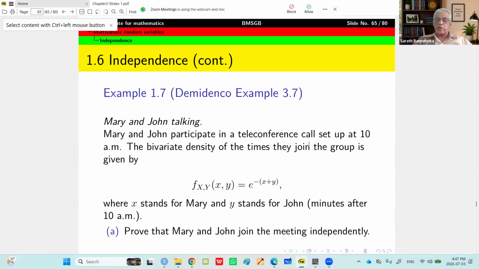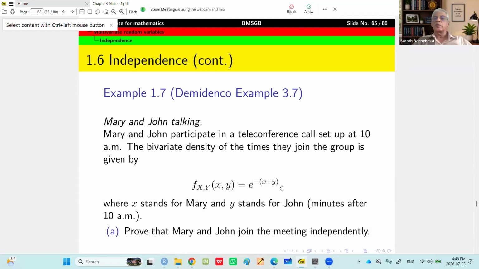Now, let us look at an example. This is again from the book. This is example 3.7 in the book. Mary and John participate in a conference call set up at 10 a.m. The bivariate density of the times they join the group is given by this expression, right?